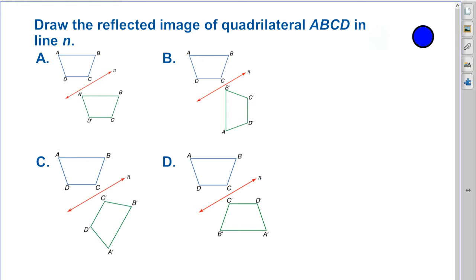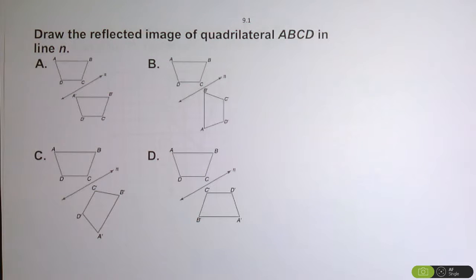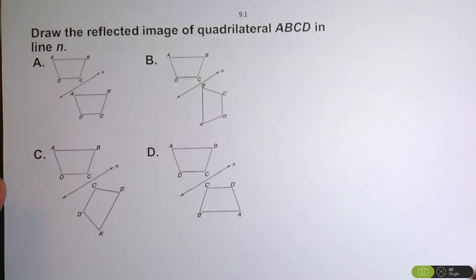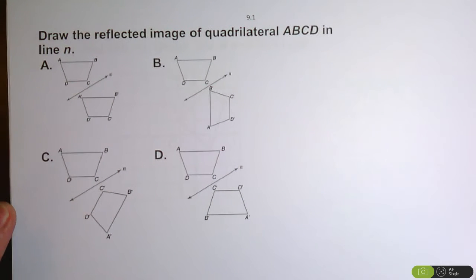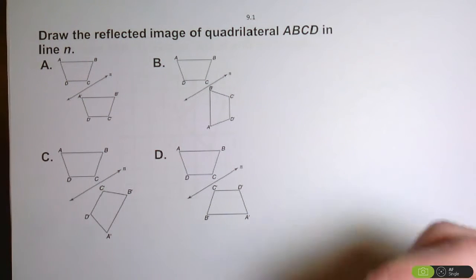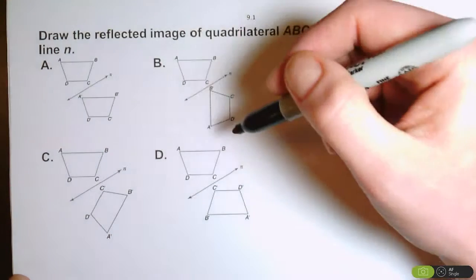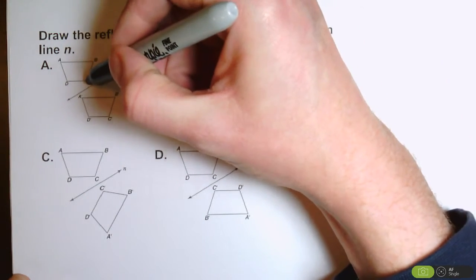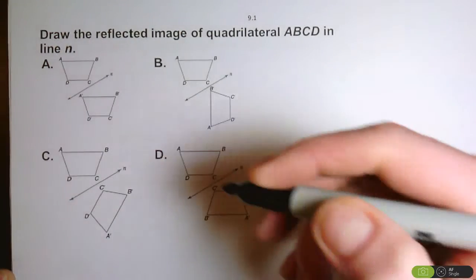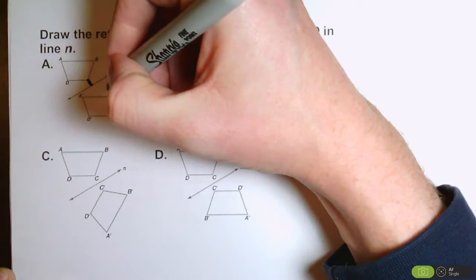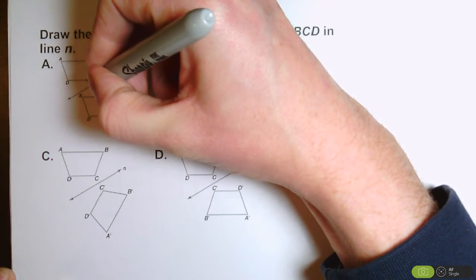Okay, so looking at your problem here, I'll go to the screen because I can draw on it a little bit. We've got to figure out which one of these four is the reflection. And the key to it really is, like I said, the definition. Checking to see if I draw a line perpendicular from a point to the line and go the same distance away, do I get the same thing? Right here, it's pretty obvious it's not going to be A because C is only a couple millimeters away from it.